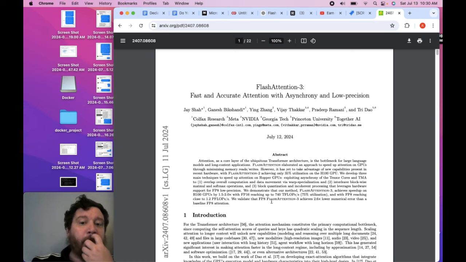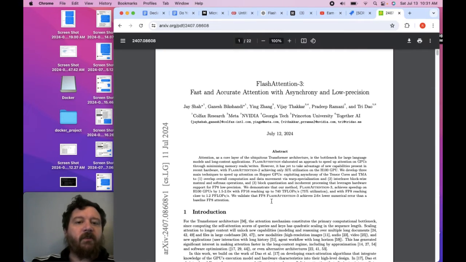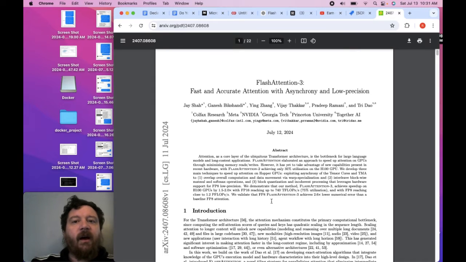The interesting bottom line thing to me overall as to what this does is it essentially gives speedups of up to 1.5 to 2 times performance on the forward propagation, and then 1.5 to 1.75 times performance increases on backwards propagation.